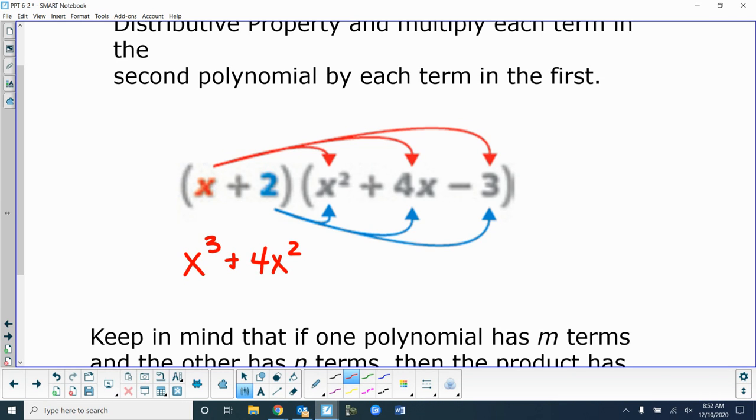This got kind of fuzzy when I made it bigger. X times negative 3, all right? 2 times x squared, 2x squared, right? 2 times 4x, 8x. 2 times negative 3, negative 6.